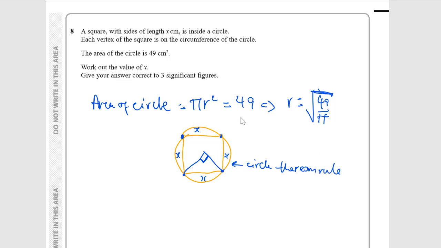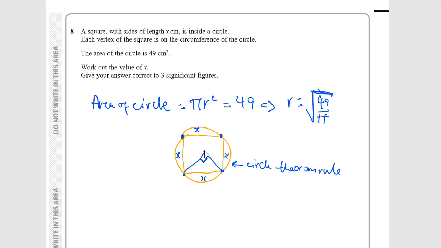Which is the fact that if we have two points subtending from the same arc, then they will have a 90-degree angle.